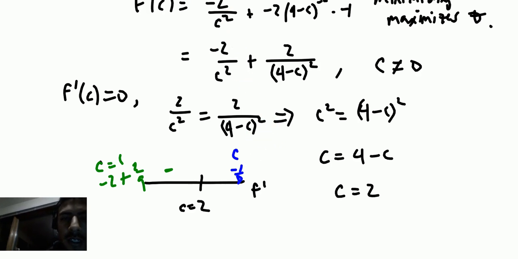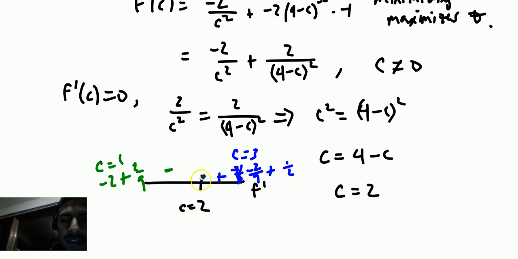Alright, let's try again, with C equal to 3. That should be better. I'm going to get negative 2 over 9, plus 4 minus 2 is 2, and 2 squared is 4, so I get plus a half. A half is bigger than negative 2/9, so that's great, which is equal to a positive number.